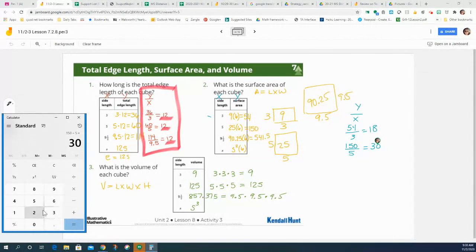Well, I notice right now that those two numbers are not the same. So I'm going to make sure by going to the last one, and we get another number: 541.5 divided by 9.5 is 57. So these do not divide to the same amount.